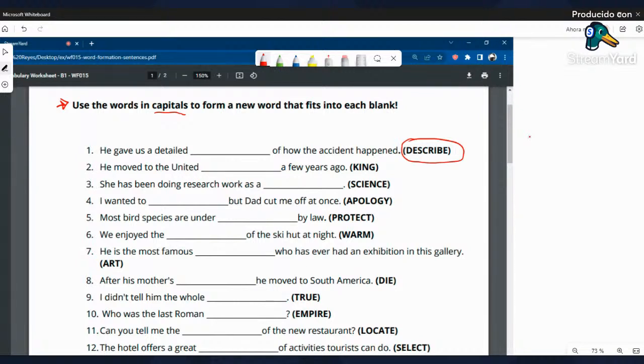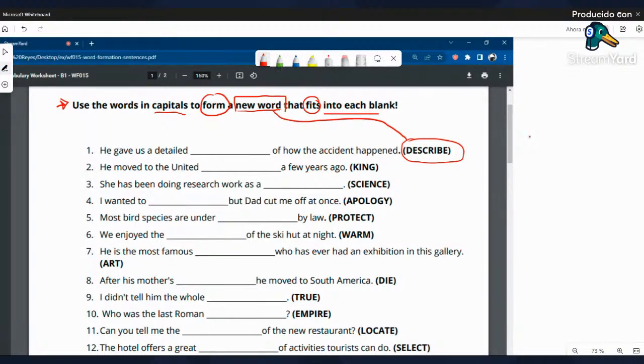They will give it away with capital letters so you can identify the base form of that word. It says we need to use the words in capitals to form a new word that fits into the blank. So what does that mean? You need to change the word and put it here.